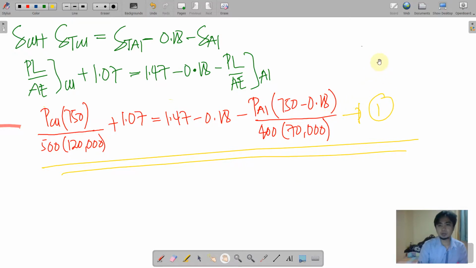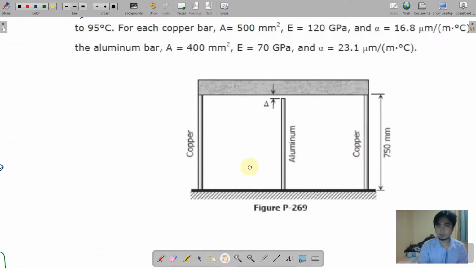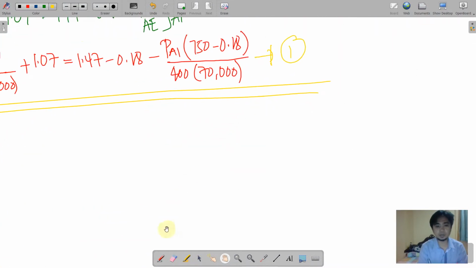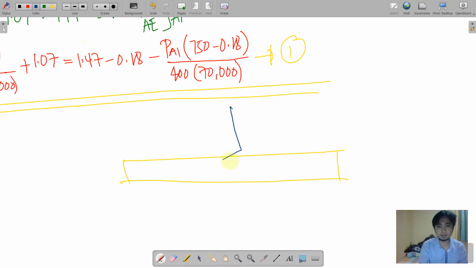So having said that, let us note that in the problem, we neglect the mass of the slab. So if we are going to illustrate the slab here, which is supposed to have a weight on the center of gravity, of course, this W is no longer considered, because according to the problem, let us neglect the mass of the slab.